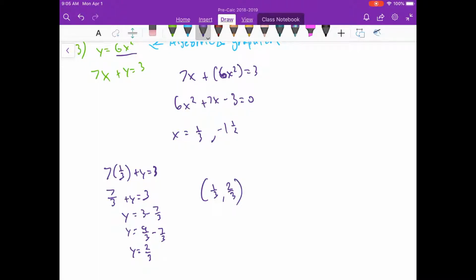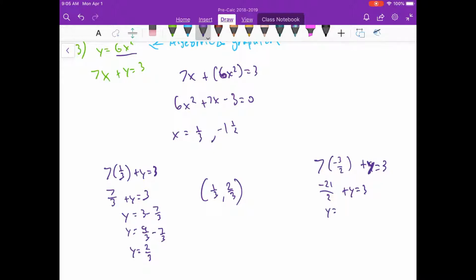The second point is if I plug in -1.5. Let's go ahead and do that. So I plug in 7 times -3/2 plus y equals 3, and that'll be -21/2 plus y equals 3.